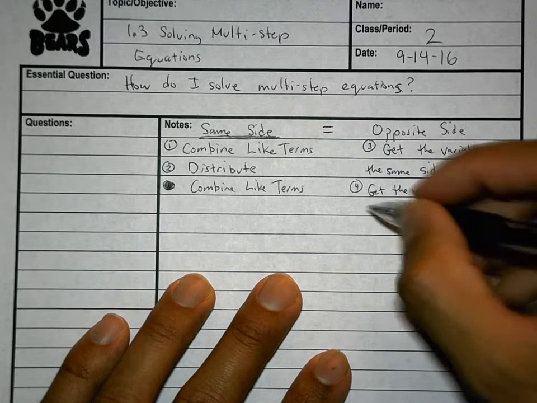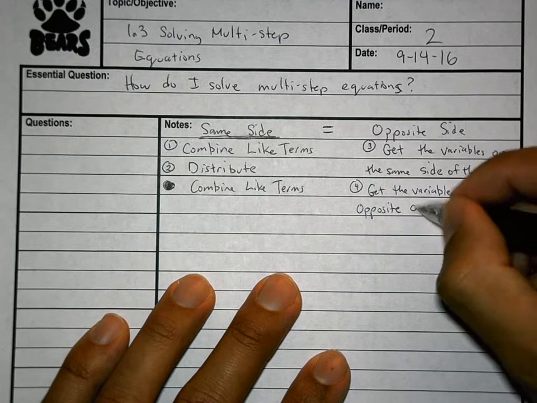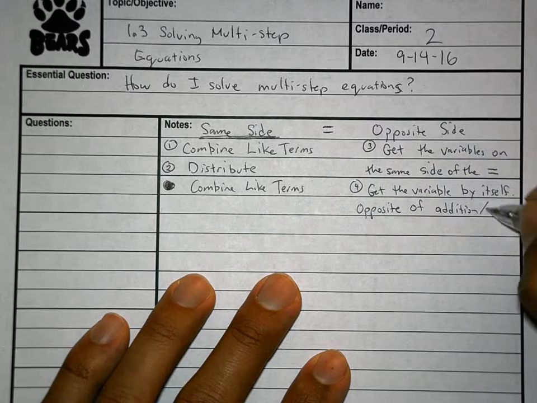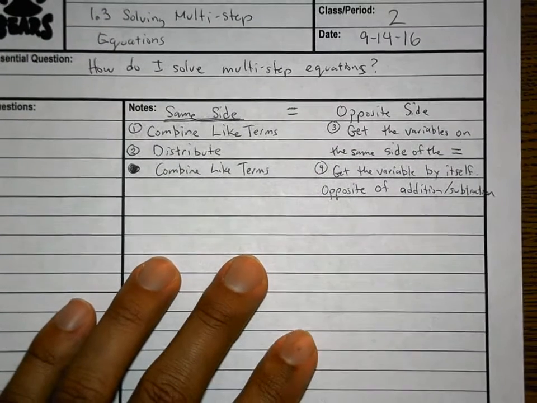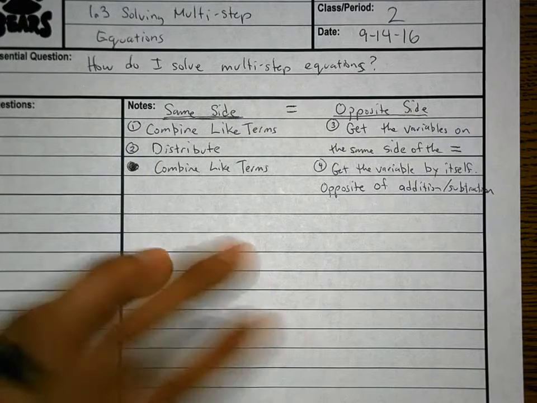You're going to do the opposite of addition and subtraction. You always do that first. Get the variable by itself.